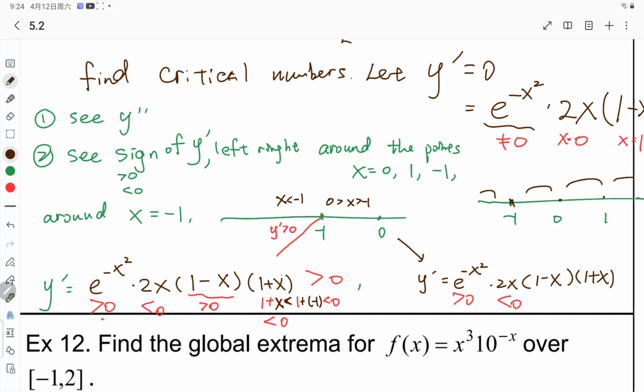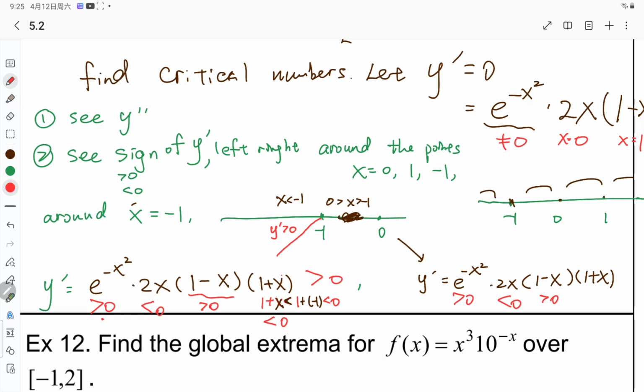So 2x is going to be less than 0, okay? And then 1 minus x. So x is still a negative number, right? So 1 minus a negative number is a plus a positive number, so it's definitely greater than 0, right? It's even greater than 1, but greater than 0 is enough.